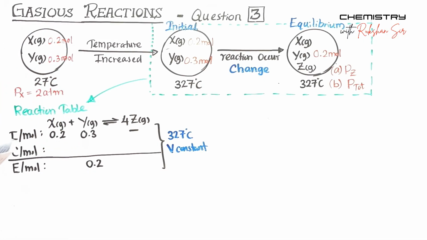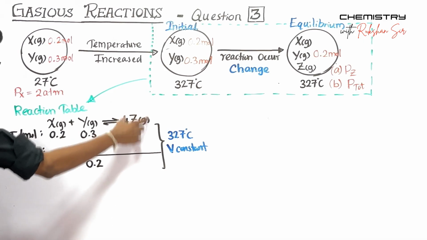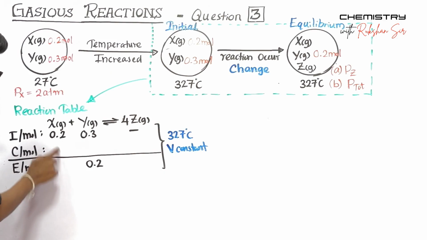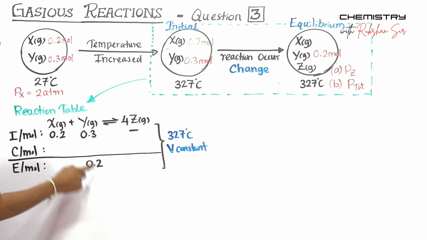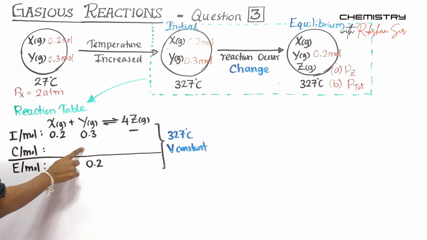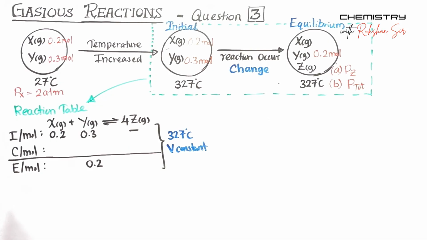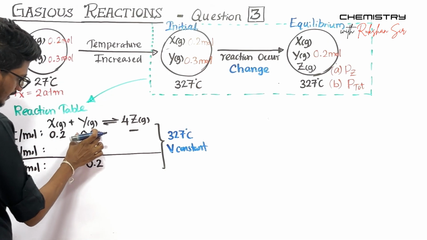We are always supposed to start completing the reaction table from a column where you have only one blank. This column has two blanks, this column also has two blanks, but this column has only one blank. So this should be the place to start filling the table. You started with 0.3 moles.